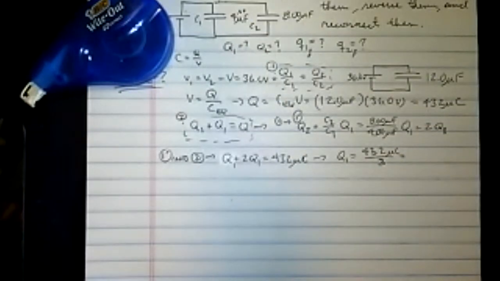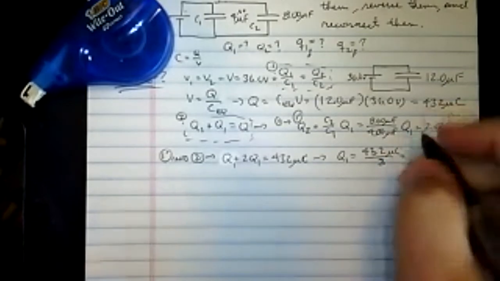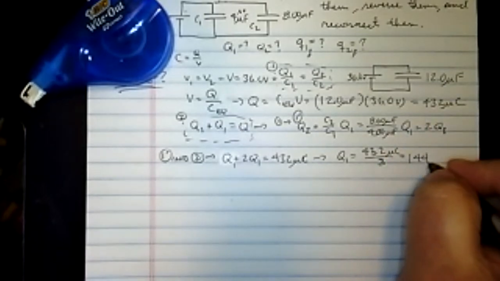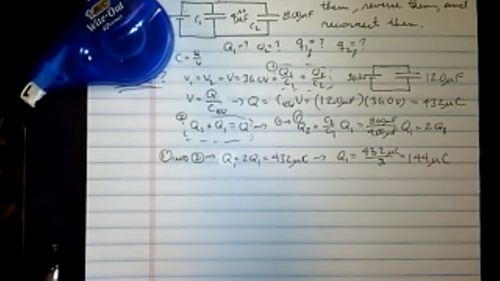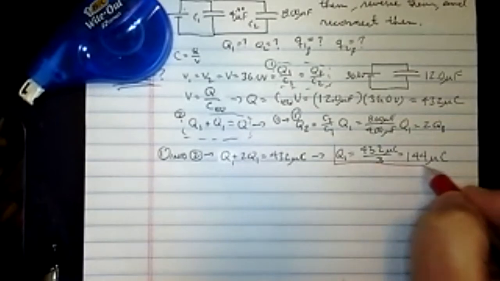I'm going to do actual math with my calculator this time instead of trying to do it in my head. 432 divided by 3 is 144. So Q1 is 144 microcoulombs. That's how much charge is going to get on Q1.